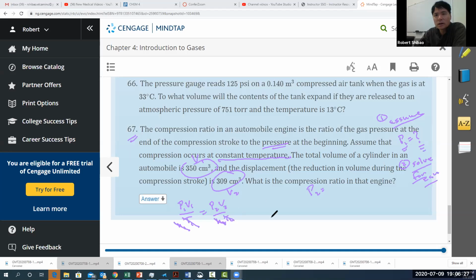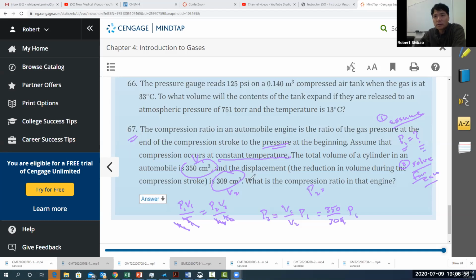So we just have this scenario here, and we're going to solve for P2. P2 is equal to V1 over V2, the volume fraction, times P1. And so here it's going to be 350 over 309, 350 over 309 times P1.